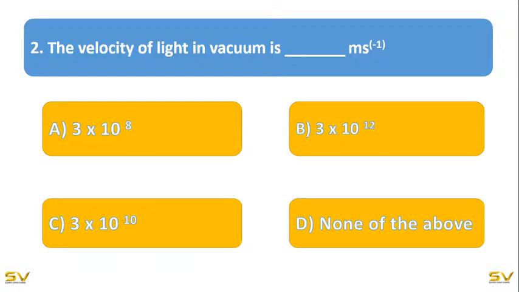So which is the correct answer? We can call it the speed of light also. So what is the speed of light in vacuum? 3 into 10 to the power of 8 meter per second, or 3 into 10 to the power of 12 meter per second, 3 into 10 to the power of 10 meter per second, or none of the above.